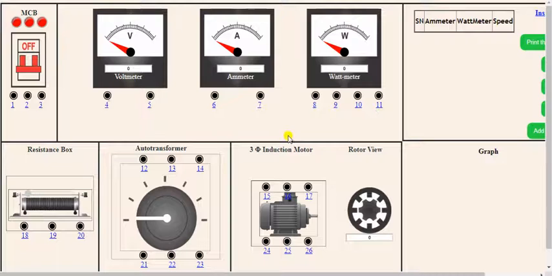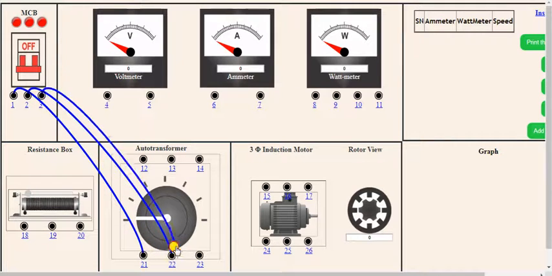First of all, connect the auto transformer input with the supply: from 1 to 21, then 2 to 22, and 3 to 23.